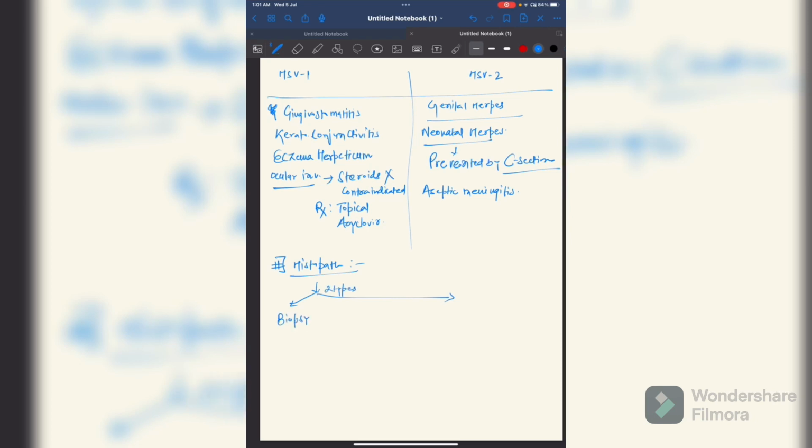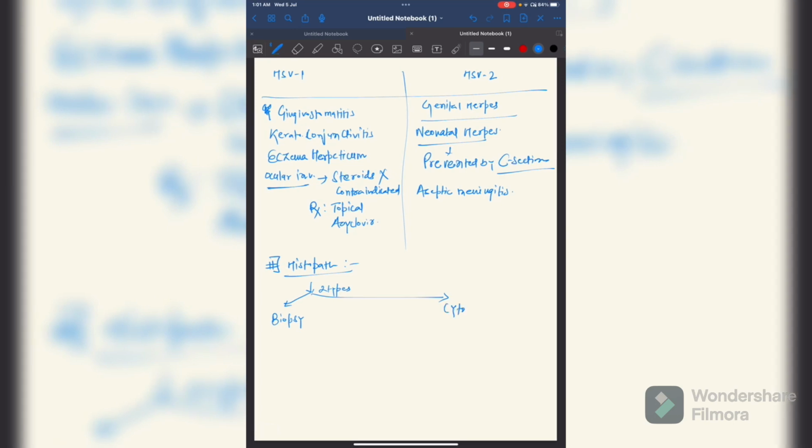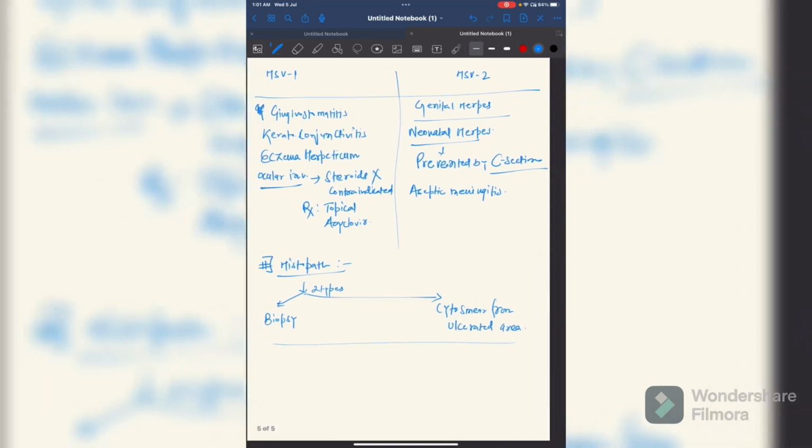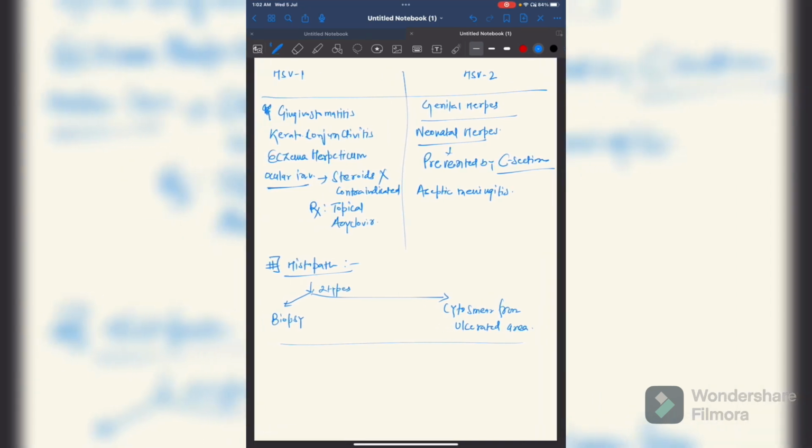One, we can take a biopsy, or we can use a cytosmear from the ulcerated area, right? So on the cytosmear, we will see Tzanck cell. So what is the Tzanck cell?